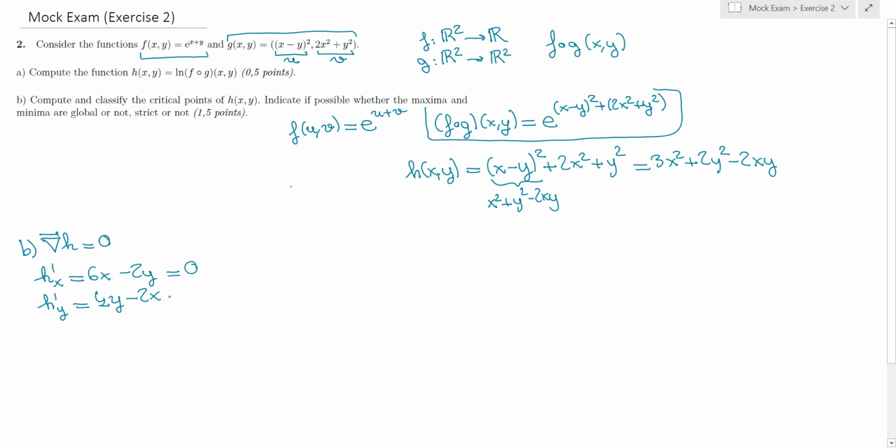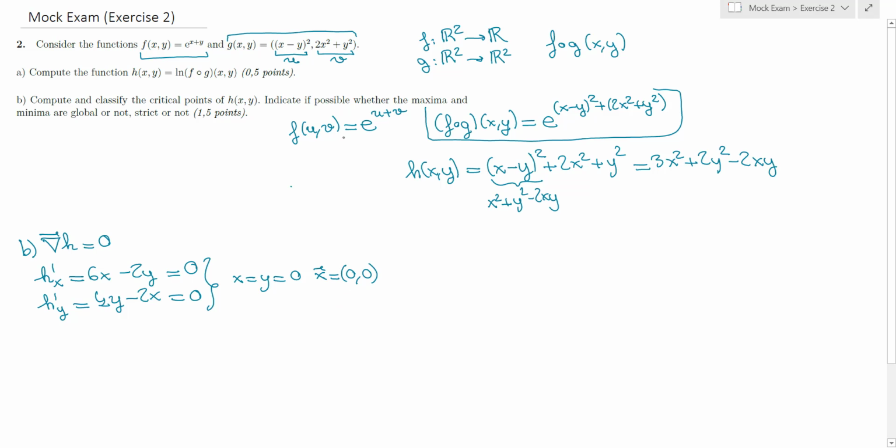This must be 0. And the only solution to this system, you can do it by substitution, or okay, this is a homogeneous system, so one of the solutions for sure is x equals 0 and y equals 0, and the solution is unique because the two equations are independent. So x equals y equals 0. This is the only critical point, the 0, 0.